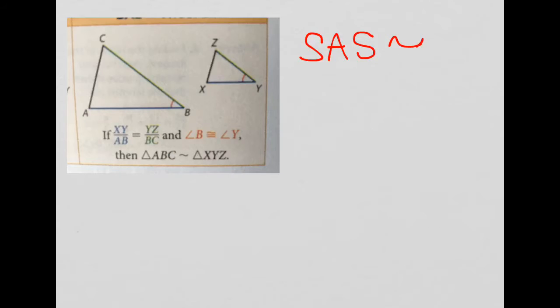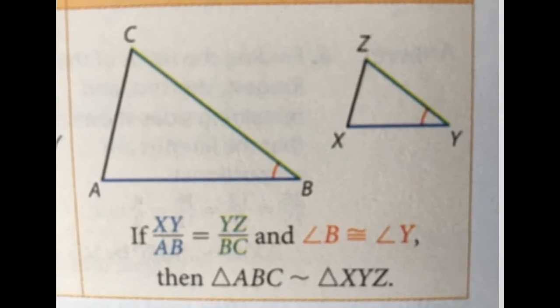All right. The last way that we could prove triangles to be similar is the side angle side similarity theorem. If two sides of a triangle are proportional to the other two sides and the included angles are congruent, that means the angle between the two, then we can say the triangles are similar. This is already drawn on a little bit here.